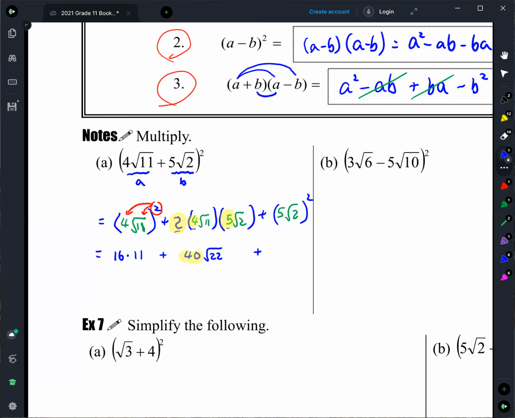Okay, the last part, last bracket. So for the last bracket, which is 5 squared, right? So that will be 25, and 25 times 2. That's right. Okay. And then final step, we just simplify everything. What's 16 times 11?